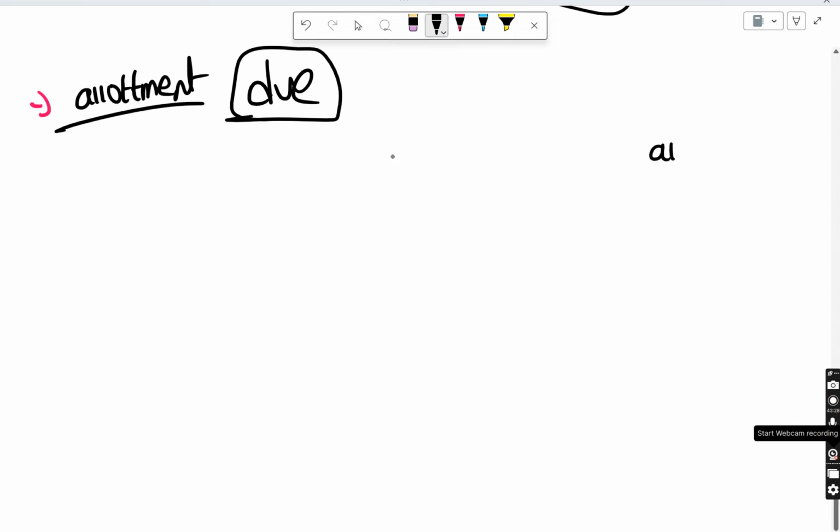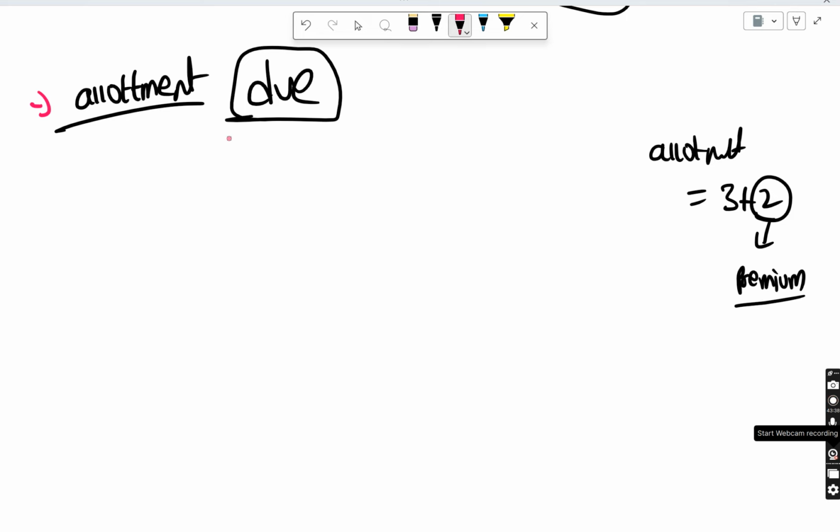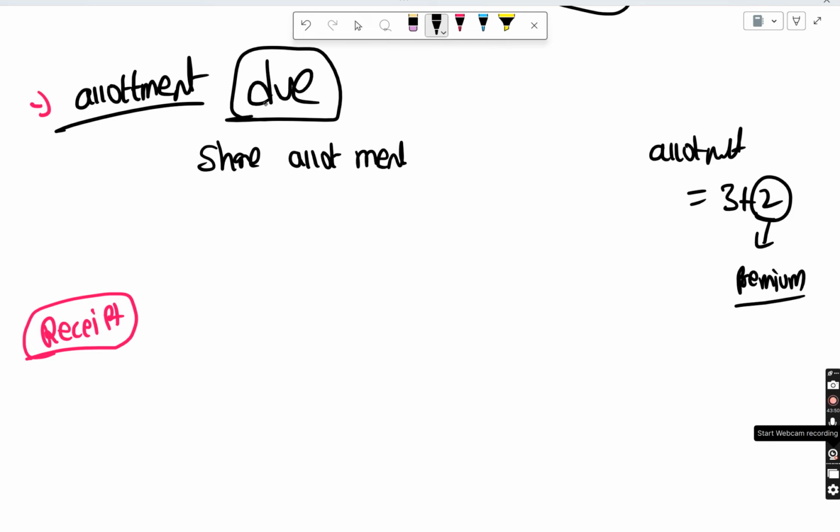We are collecting allotment money of 3 plus 2, where 2 rupees is a premium. First the due entry, next the receipt entry. Share allotment to share capital, then bank account debit to share allotment.